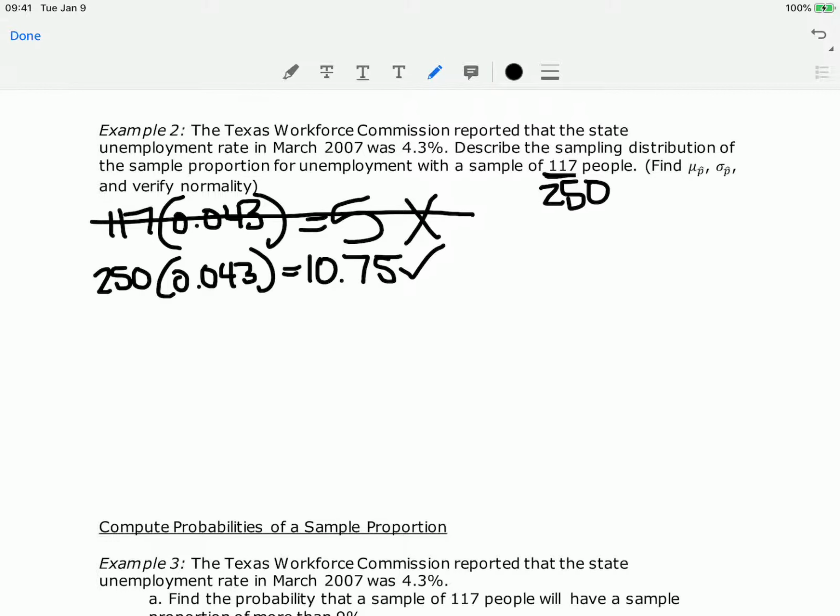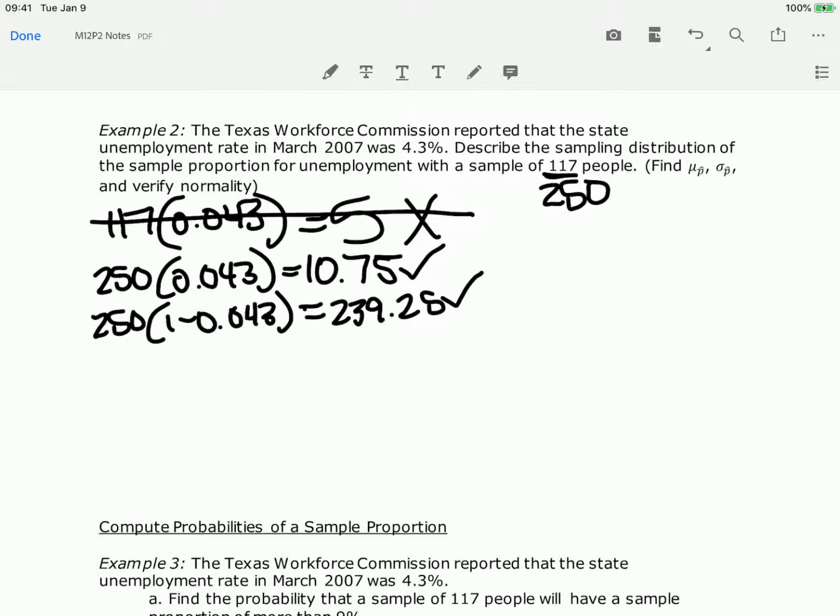Now we have to make sure that n, 250, times 1 minus 0.043 is also greater than or equal to 10. So do that real quick. You get 239.25, which is greater than or equal to 10. So we have a normal distribution, so that's good.